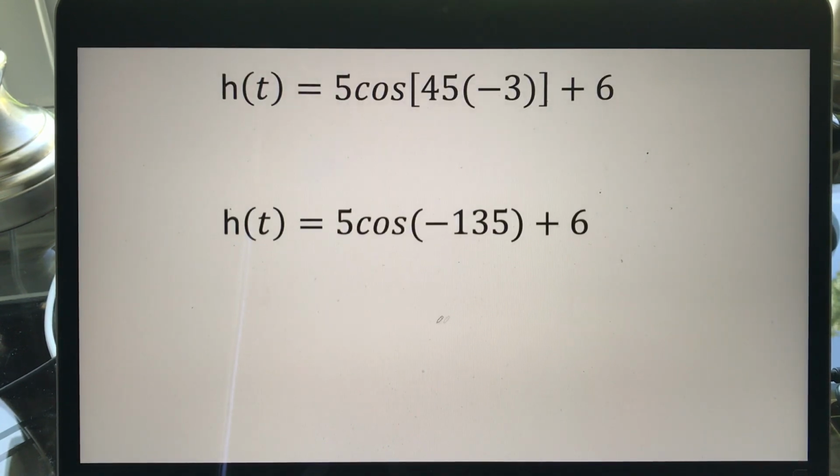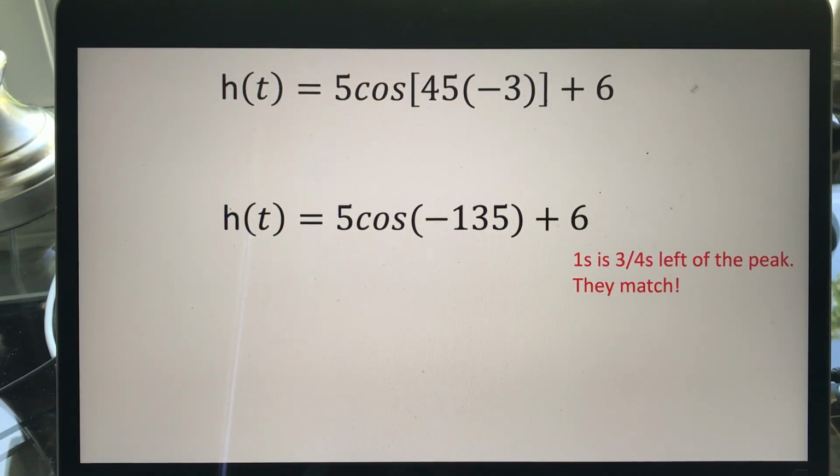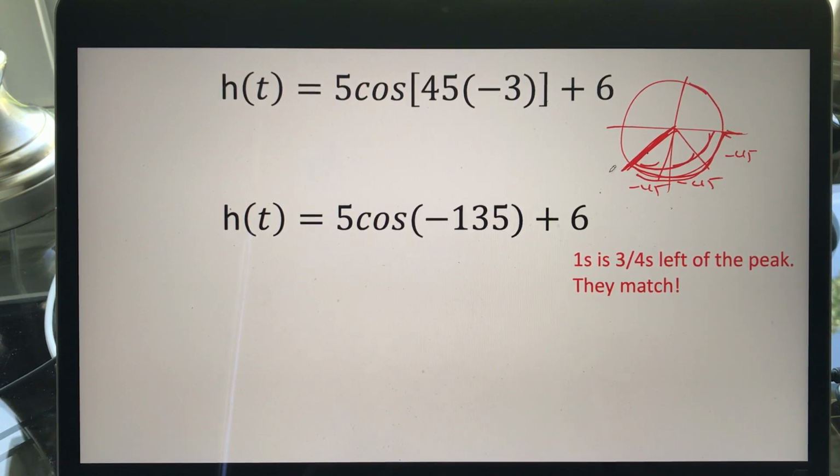If I go back into, well, what's negative 135? If I think of my unit circle, if I go negative 135, that's 3/4. That's negative 45, negative 45, negative 45. I have these 3 negative 45 values to give me my 135. That's 3/4 left. I've gone left of my starting value. That's making this match my calculator perfectly again.